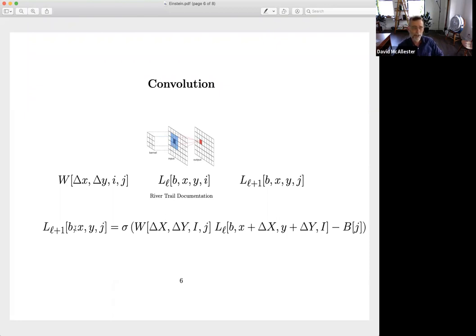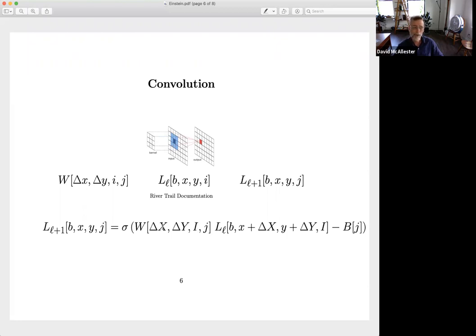The linear combination for this particular scalar output is going to sum over all delta x values, which you can think of as being positive or negative, giving us some neighborhood in x. It's going to sum over the range of neighbors in y, and it's also going to sum over the neurons of the previous layer.